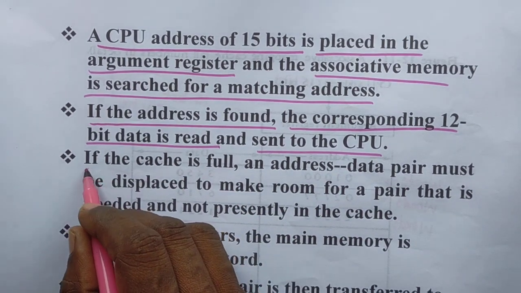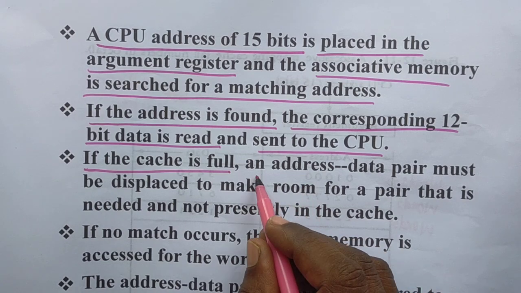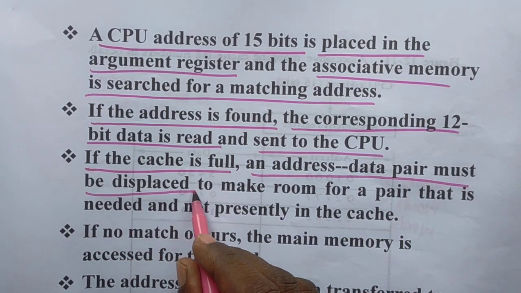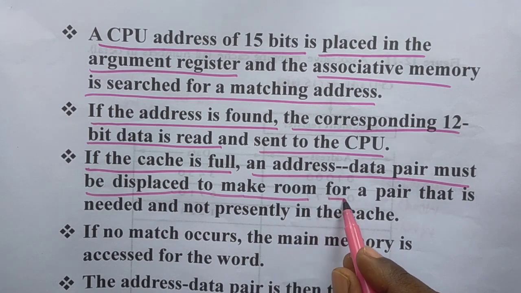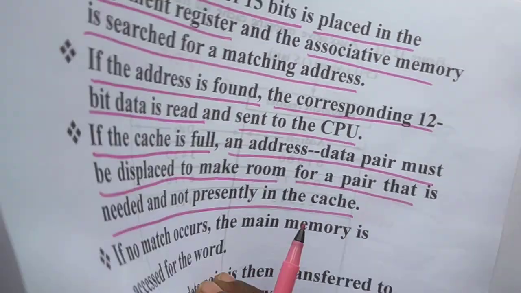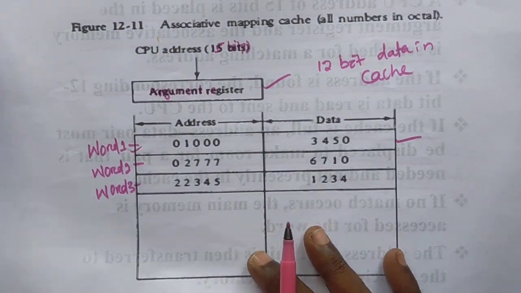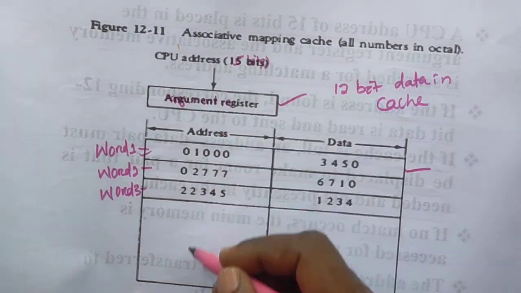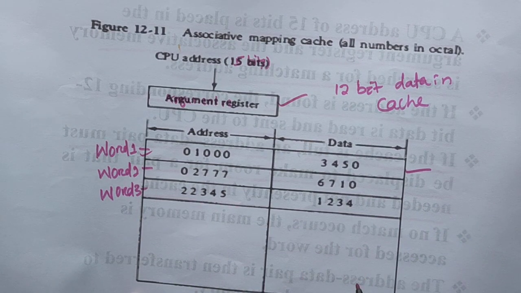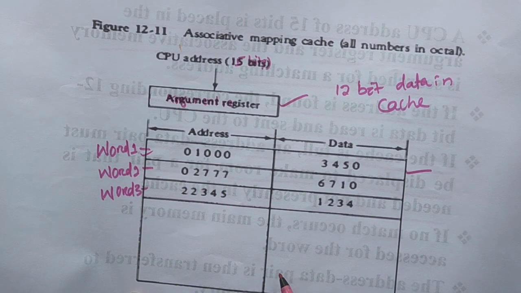If the cache is full, an address-data pair must be displaced to make room for a pair that is needed and not presently in the cache. Suppose the cache memory is full, then we make room to store the data whenever it is transferred from main memory to the cache memory.